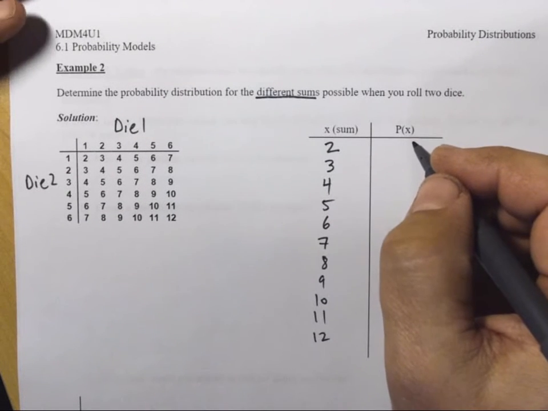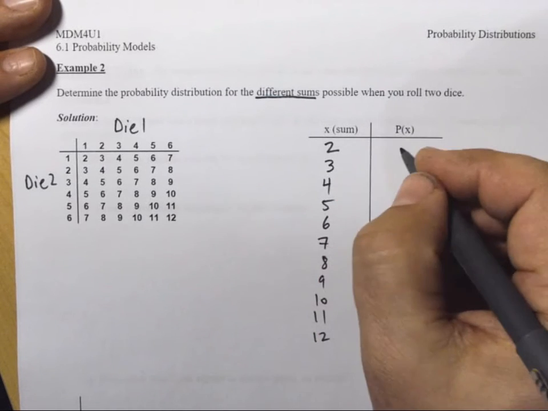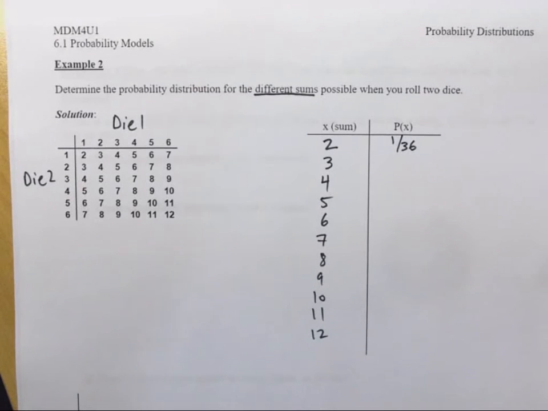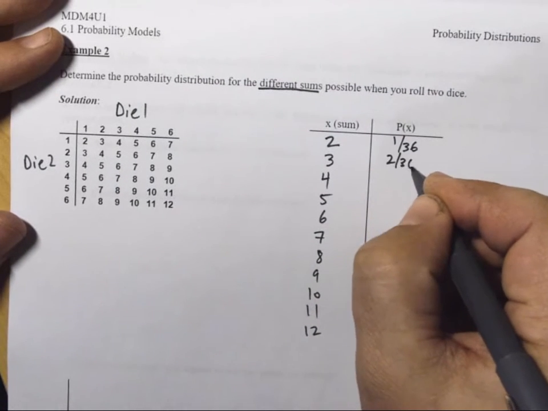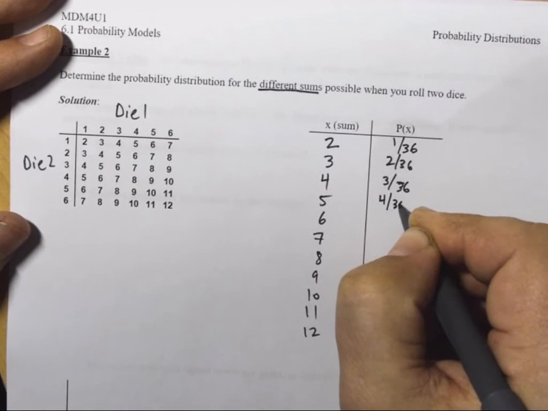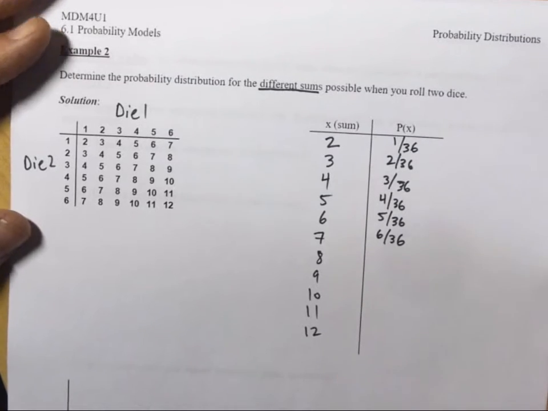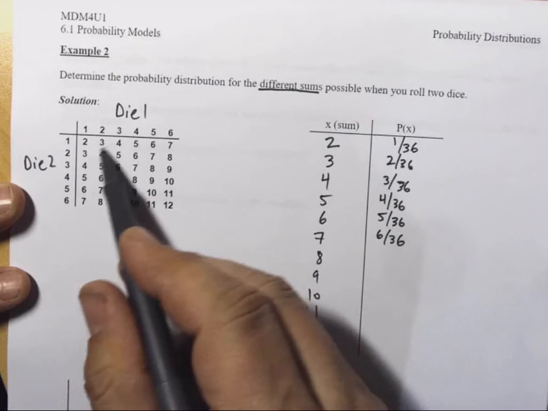Then when I go to calculate the probability of those sums, for the sum of 2, there's only one way to do it in 36 possible sums, 1 out of 36. For 3, 2 out of 36, etc., until we get down to 7. 7 is sort of a switching point because 7 breaks our data in half.